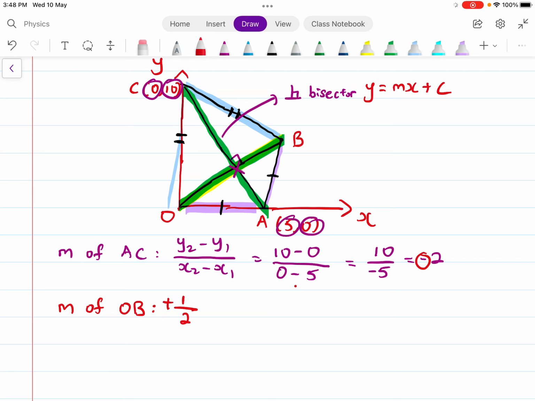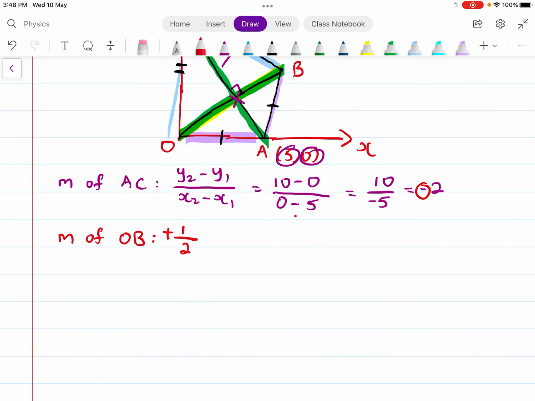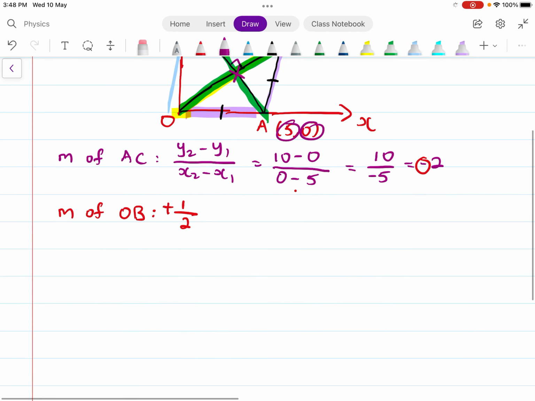So the gradient of OB is half. What about the y-intercept? Normally I want to find not just the m, I also want the c. But according to the picture, there's no need to find c because the line cuts through the origin, so c is 0. So the equation of OB is y equal to half x plus 0. That is for the first part.